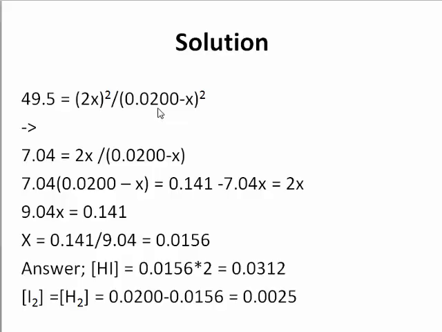At this point, you could take the square root of both sides. 7.04 is 2x over 0.0200 minus x. Multiply both sides by the denominator. This leaves 2x on the right, and on the left makes 0.141 minus 7.04x. So 9.04x then is 0.141, and we can solve for x, obtaining the value of 0.0156.